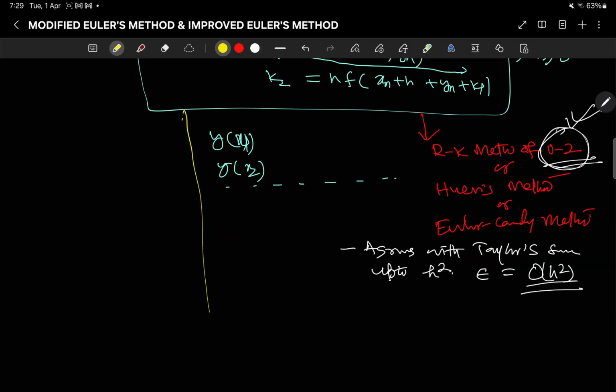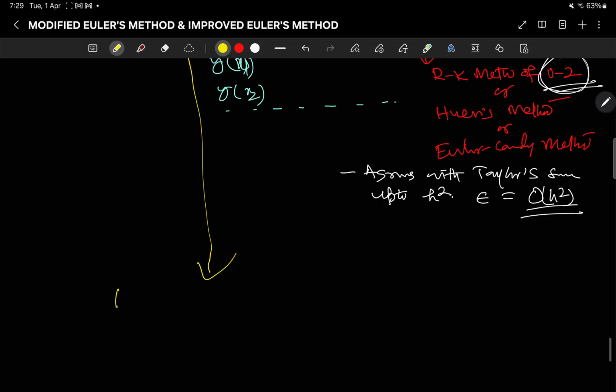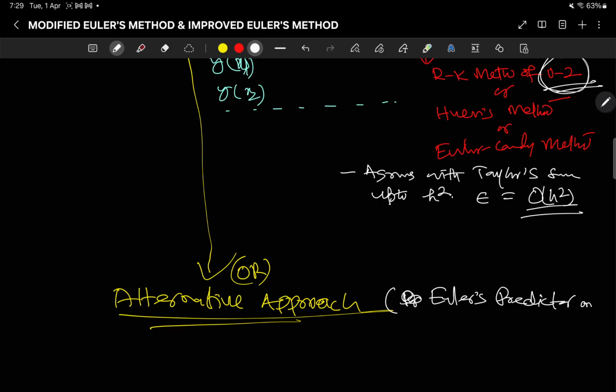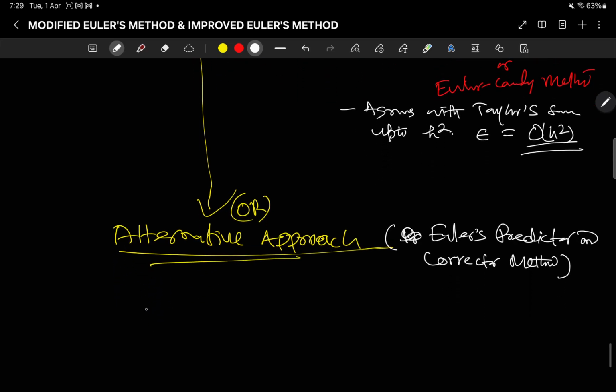So this formula has an alternative approach, what we call OR, we may use this or that, and this alternative approach is known as the predictor-corrector method, Euler's predictor and corrector method, and this formula can be written like this.